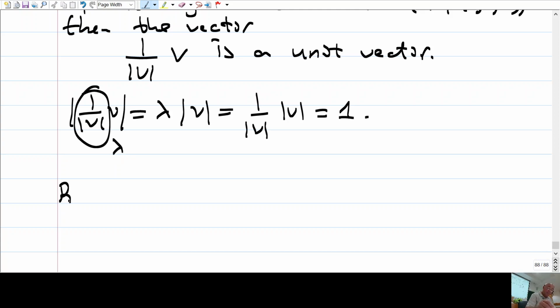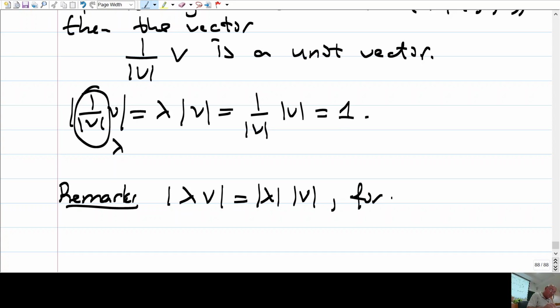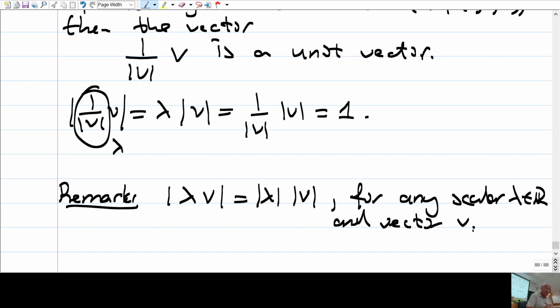Here, of course, I am using the following fact. If you have a vector and you take a scalar product with a real number lambda, then its length is the absolute value of lambda times the length of v, for any scalar lambda and vector v. Yani bir vektörü bir sayıyla çarparsanız boyu da o sayıyla çarpılır.